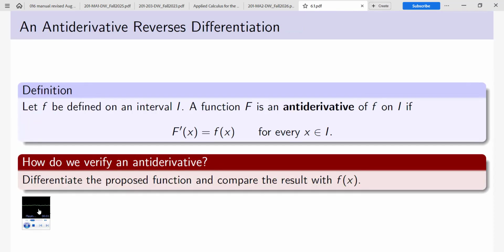To avoid confusion, remember that lowercase f is the function and uppercase F is one possible antiderivative for it. So if you differentiate the uppercase F, you get the lowercase f.